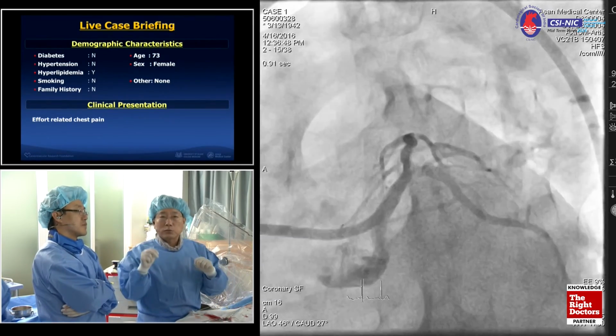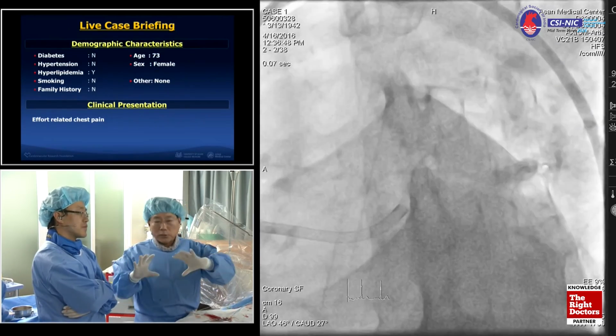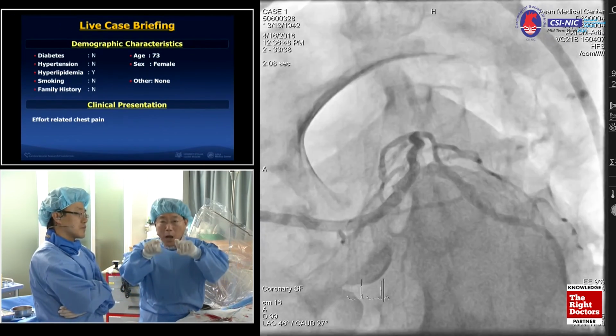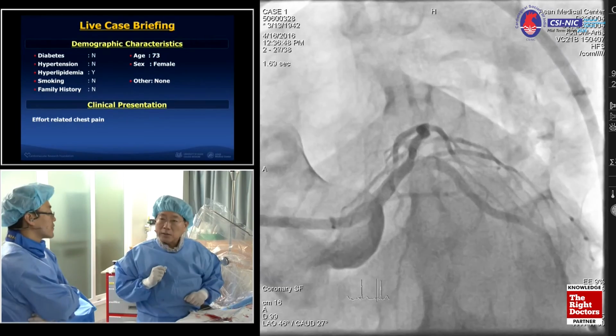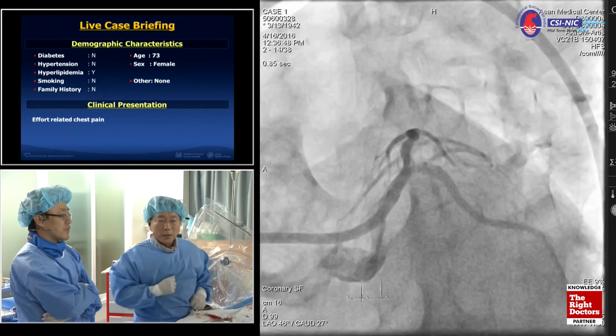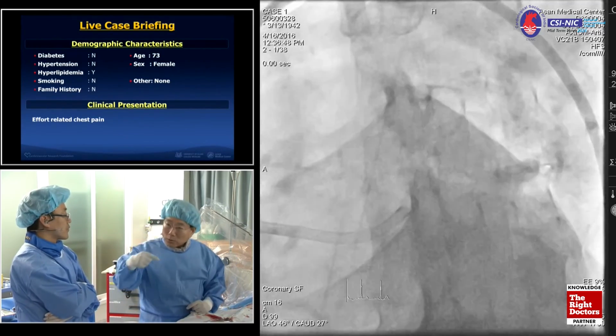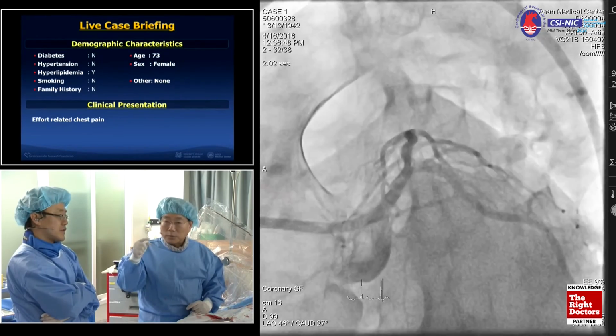Whatever you choose, the cross-sectional area should be 5, 6, 7, 8.